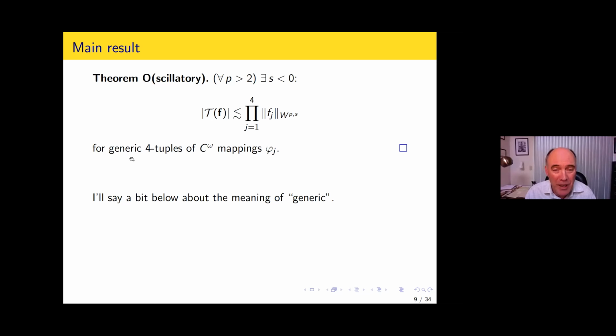So I'm stating the theorem a little loosely by simply saying that it holds for generic data. So for generic 4-tuples of real analytic mappings from R2 to R1, this holds. I'll say a little more below about what I mean more precisely by generic.